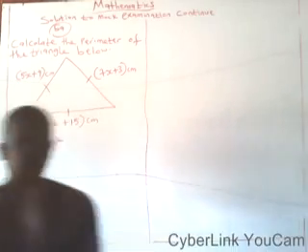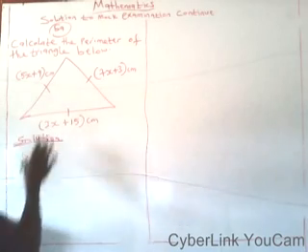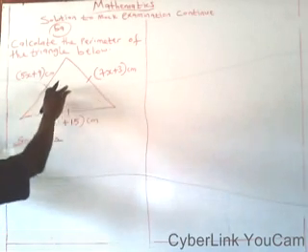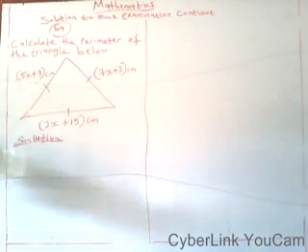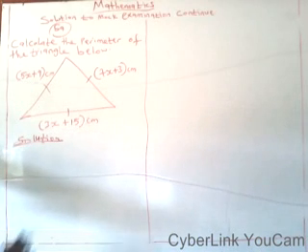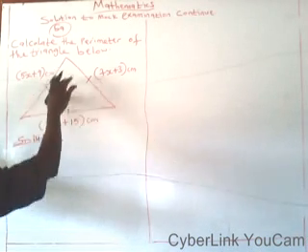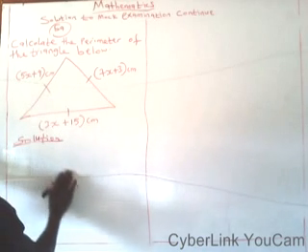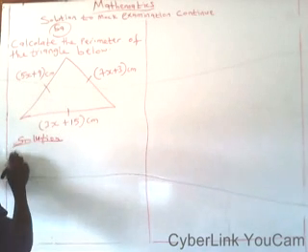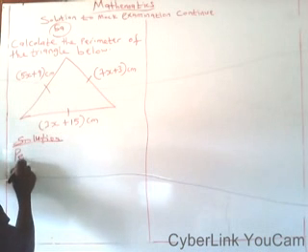Now, if you want to put something down, the first thing that I'm expecting you to write down is that we need to first indicate that this is an equilateral triangle. Then we have to calculate the perimeter.